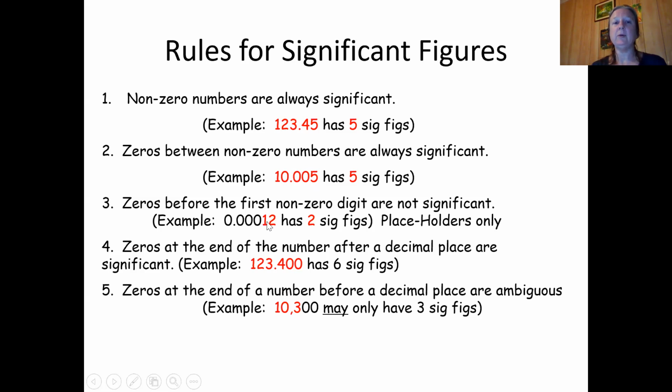I need these zeros to tell me that my actual measurement starts at the fourth decimal place back. For this reason, this is one of the biggest reasons that we use scientific notation, which I'll get into in a little bit. So these zeros are placeholders. I can rewrite this.